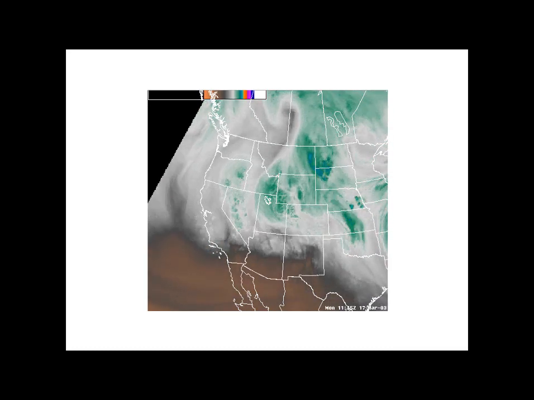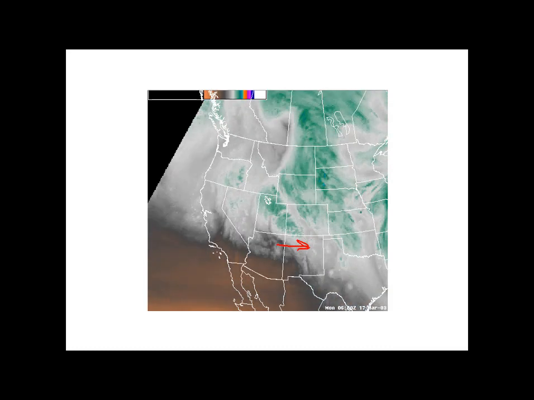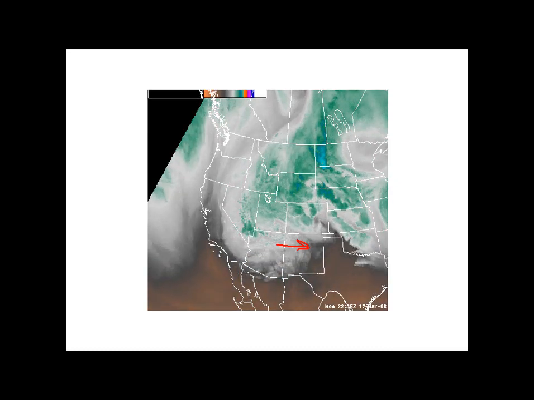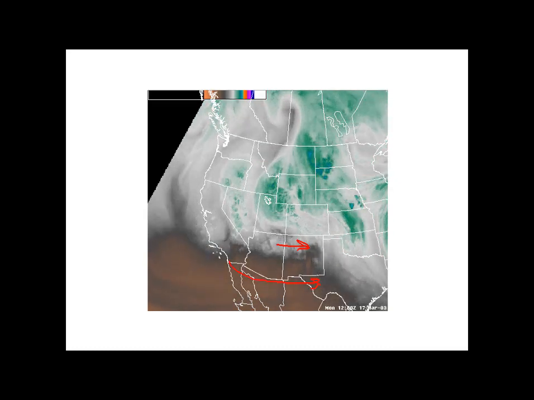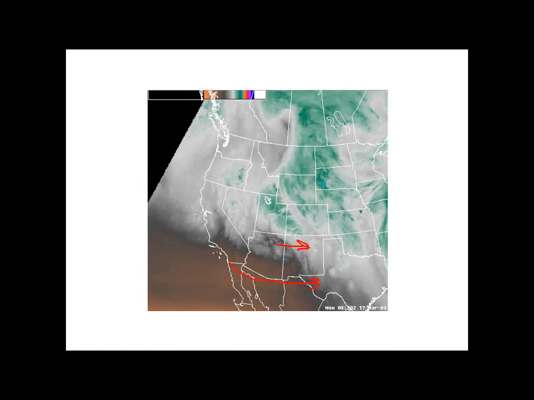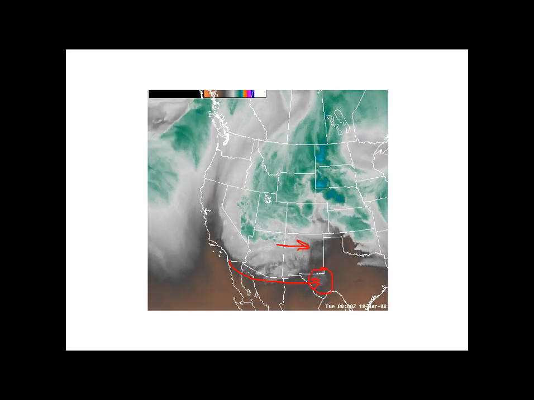We want to notice another area moving from northern Arizona into northern New Mexico during the same time frame, while at the very base of the trough we have a strong jet max moving in here, and we can see results of that at the very end of the loop. As I move it up here into West Texas, we see this area developing in here, which should move up around the base of the trough and perhaps be important later on.